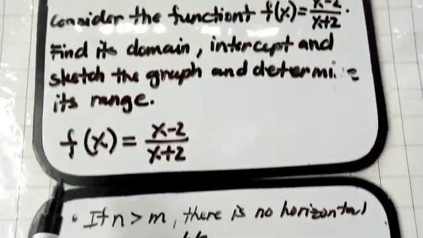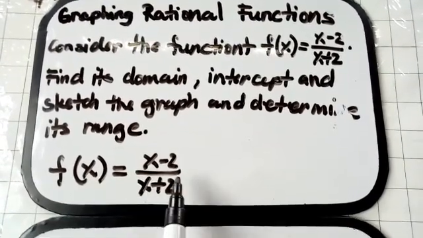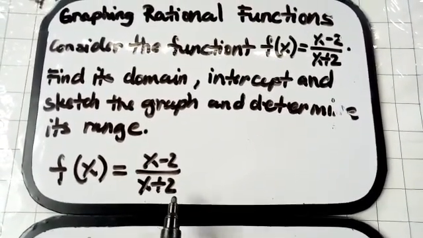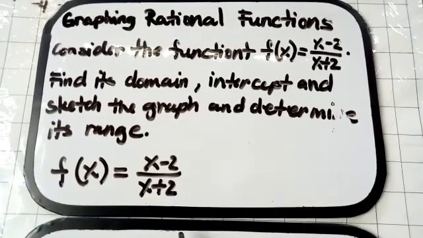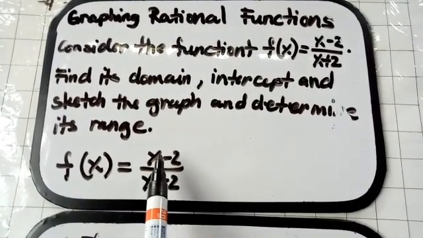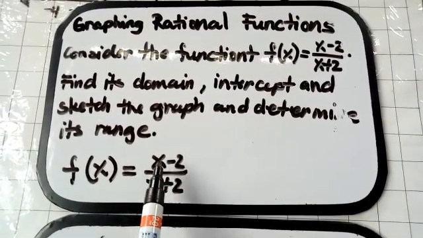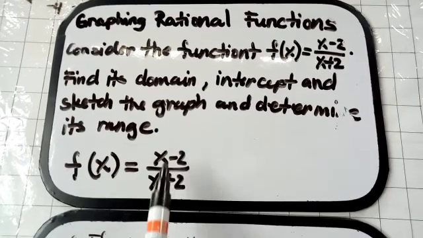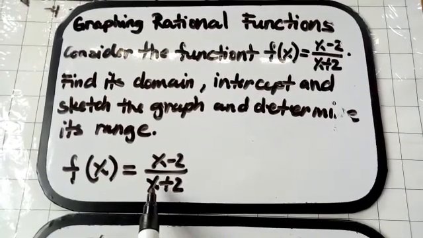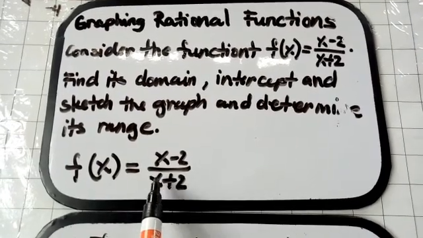In our given rational function, f of x equals x minus 2 all over x plus 2, the degree of the numerator is 1, since the exponent on the numerator is 1. The degree of the denominator is also 1.